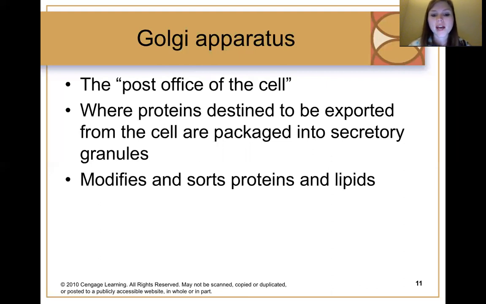The Golgi apparatus modifies, so it can change proteins if it needs to, and then sorts them as well as lipids, and then packages them to be sent out. Some may stay in the cell and they don't make it very far. Some may be taken by transporters to the membrane to be sent out into the body. So the Golgi is really responsible for that. Just think of it like the post office.